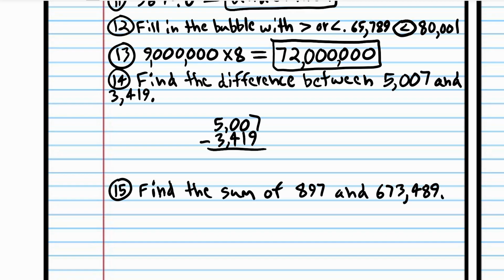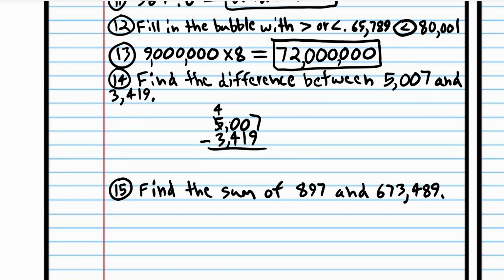All right, we're back. So 7 minus 9, we can't do that. So we have to borrow from the 0. But we can't borrow anything from 0 because 0 doesn't have anything. So we have to borrow from the other 0. Can't do that because that 0 has nothing. So we have to go all the way to the 5. As usual, we borrow 1 from 5, so 5 becomes 4, and we give the 1 to the 0.